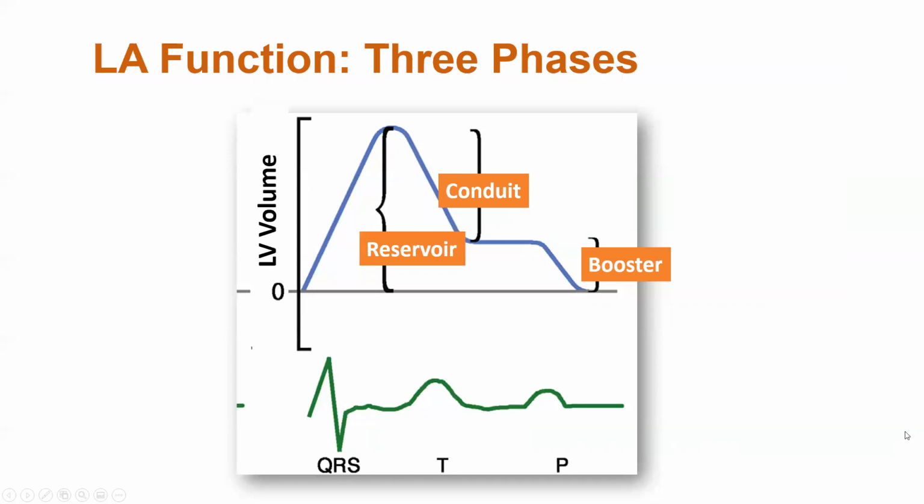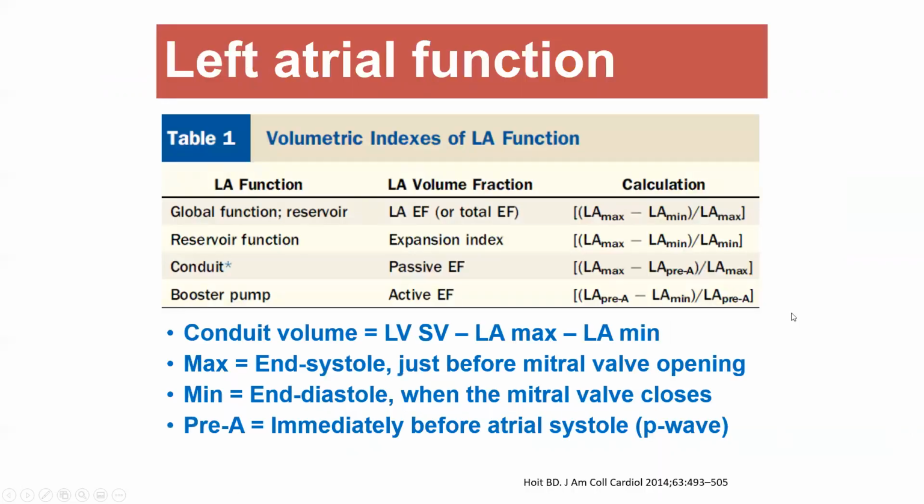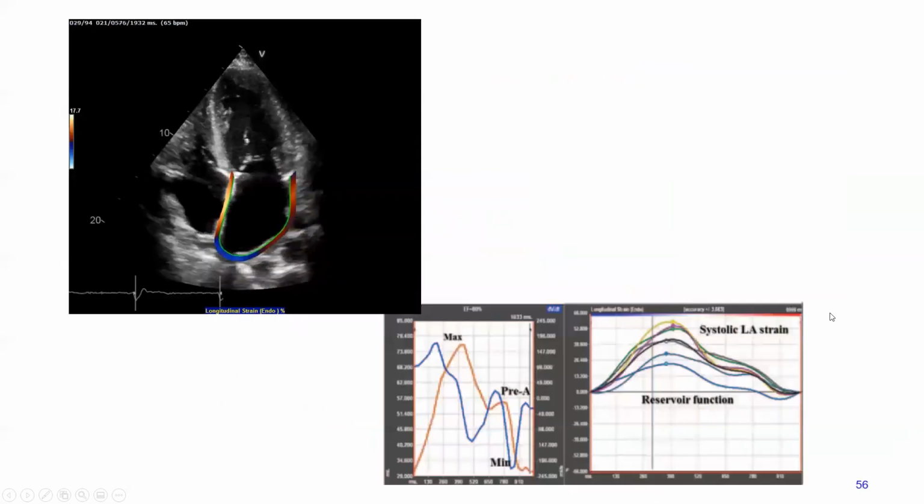Now, we'll review a little bit about left atrial function, as we mentioned, reservoir, conduit, and booster. And let's just talk about the reservoir function here for a bit. The expansion index of the left atrium was one way of measuring the left atrial function. This is from a paper by Brian Hoyt from Cleveland.